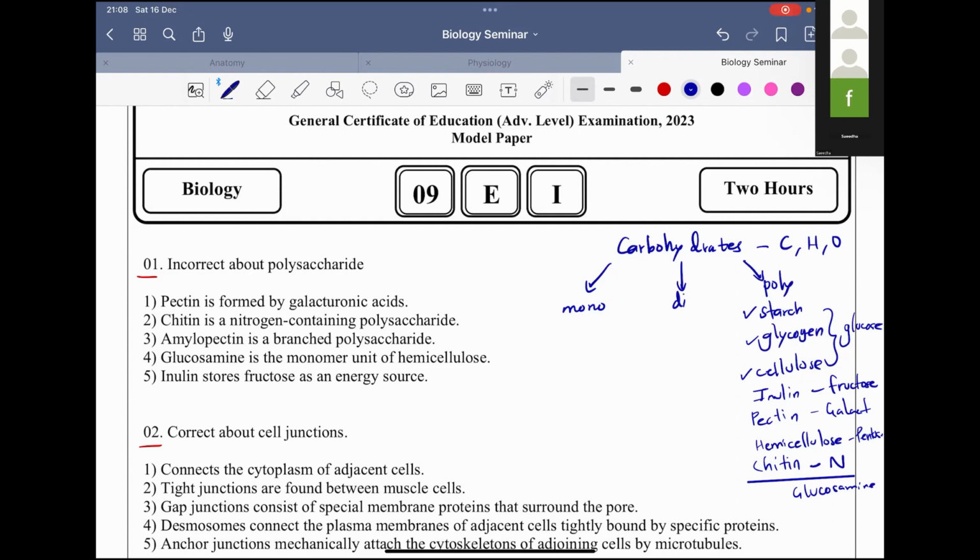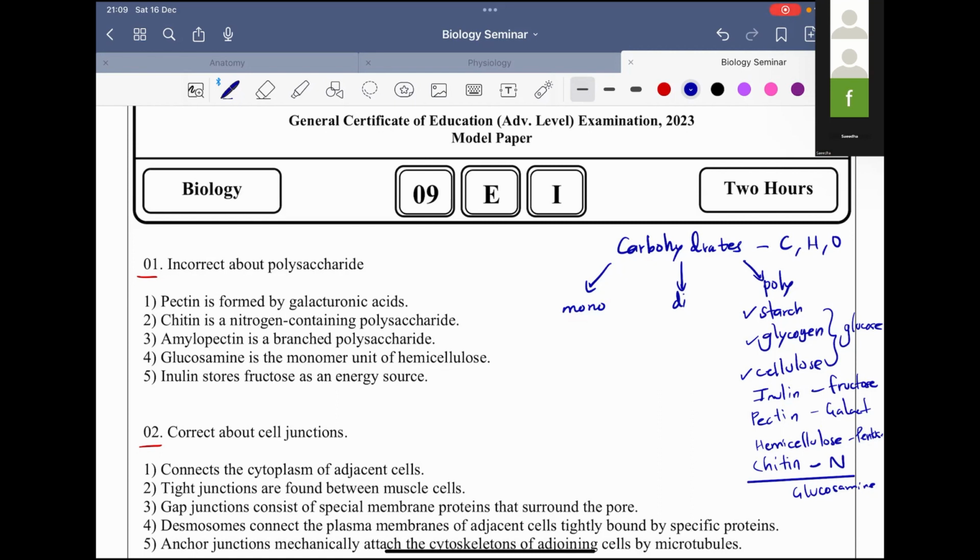Pectin is a component of the middle lamella of the plant cell wall. Hemicellulose is a component of the plant cell wall. Finally, chitin is a component of the fungal cell wall and the exoskeleton of arthropods. This is frequently asked, so please remember chitin, its special property, and its function.